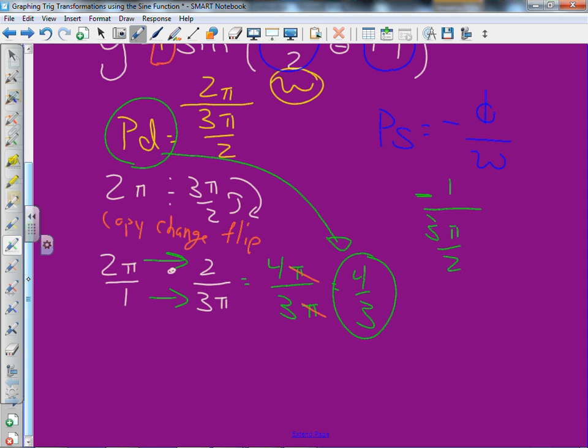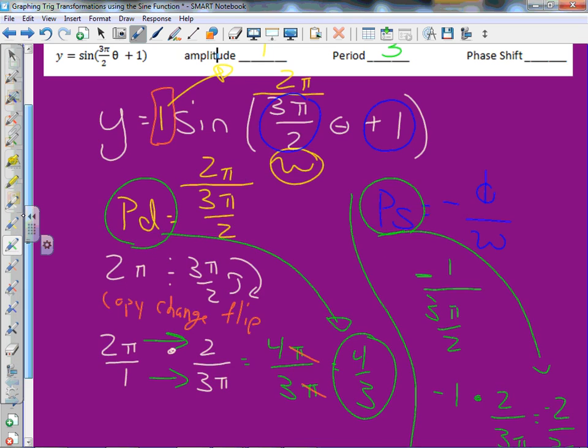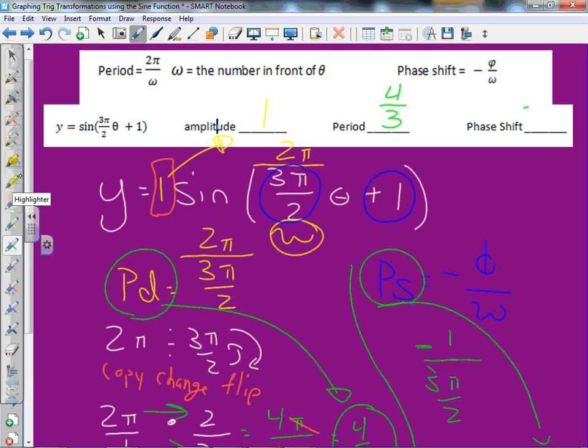So copy, change, flip. So we have negative 1 times 2 over 3 pi. So it becomes negative 2 over 3 pi. And remember, that's going to be our phase shift, negative 2 over 3 pi. So up here we'd have negative 2 over 3 pi.